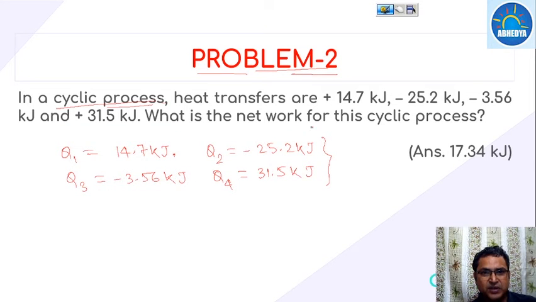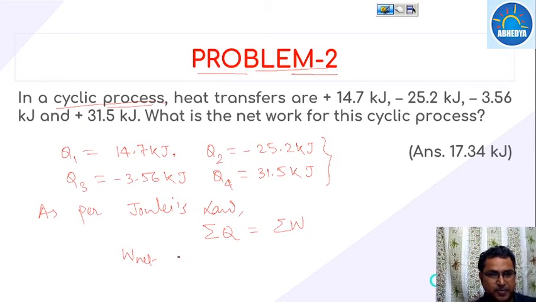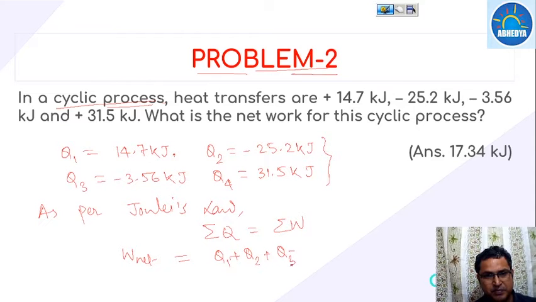What is the net work for this cyclic process? As per Joule's law, for any cyclic process, summation Q is equal to summation W. So net work transfer is Q1 plus Q2 plus Q3 plus Q4.